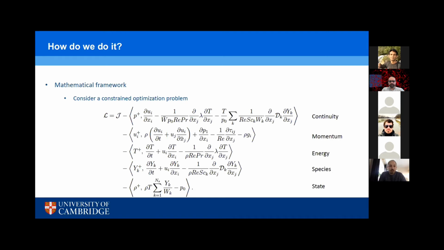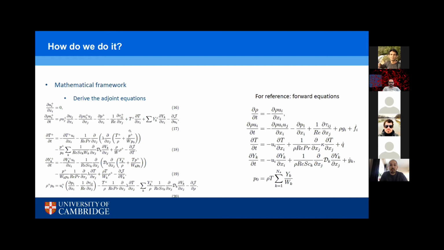Now comes the algebraic part. What we want to do is we want to now integrate this expression by parts. The angle brackets are basically inner products. They're integrals over the entire volume of the domain. So carrying out integration by parts, probably a day or 2 work, and we end up with these equations here on the left side.